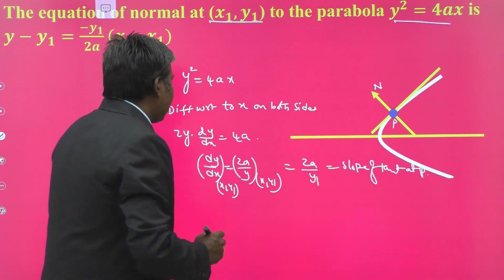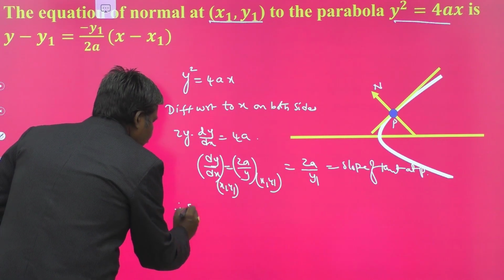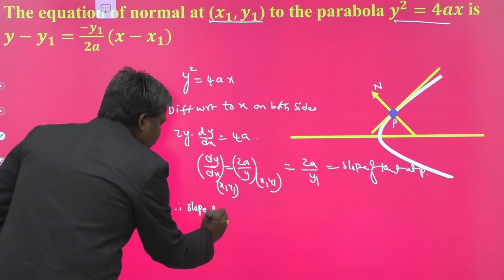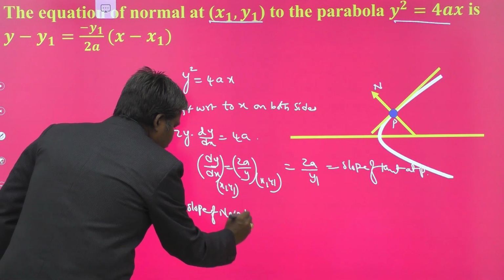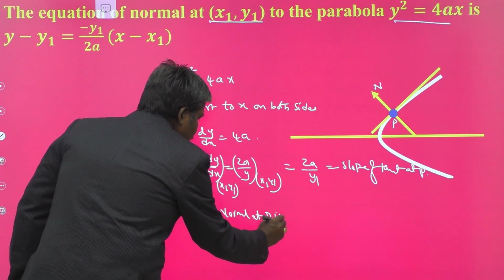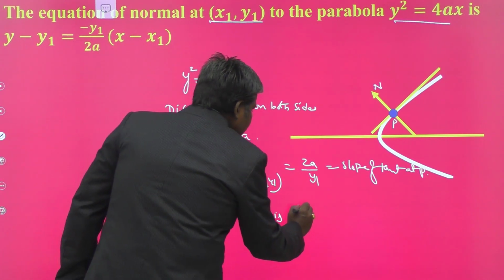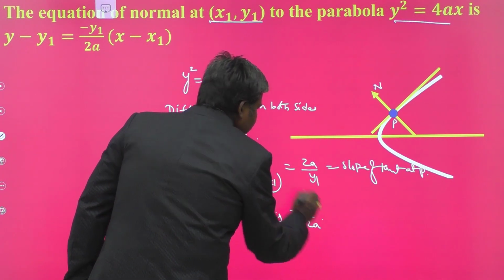Therefore slope of normal at P is what? Slope of normal at P is minus y1 by 2a.